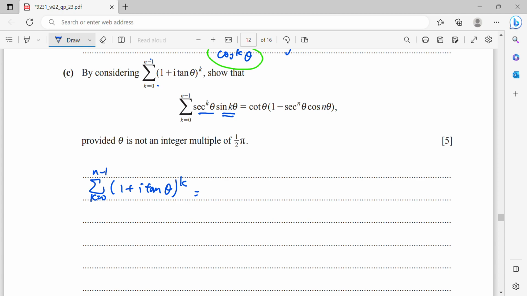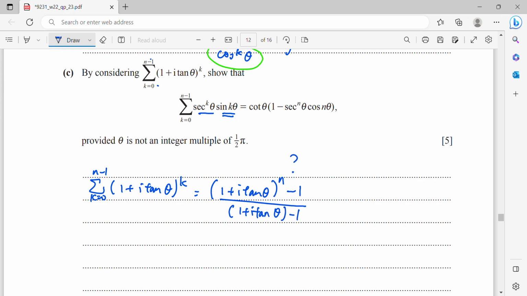All right. So what I will do here is, firstly, this becomes (1 plus i tangent theta) to the power n minus 1 over 1 plus i tangent theta minus 1. How do I get this basically?